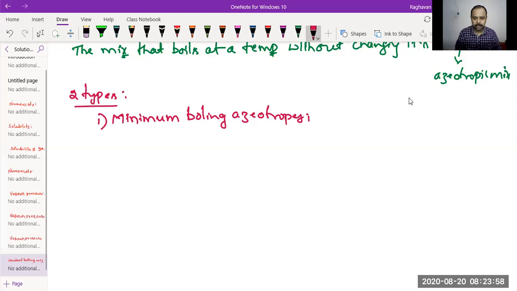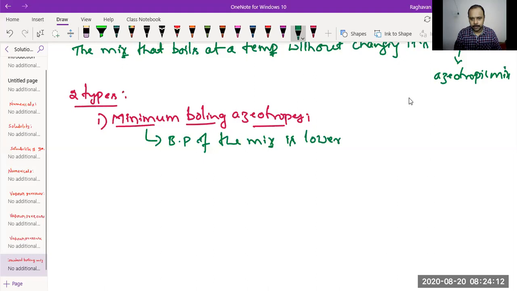Minimum boiling azeotropes. What is minimum boiling azeotropes? The boiling point of the mixture is lower than the boiling point of individual components.